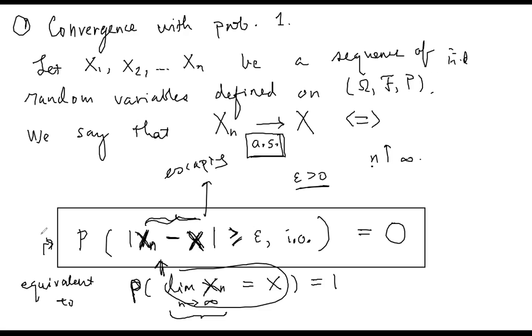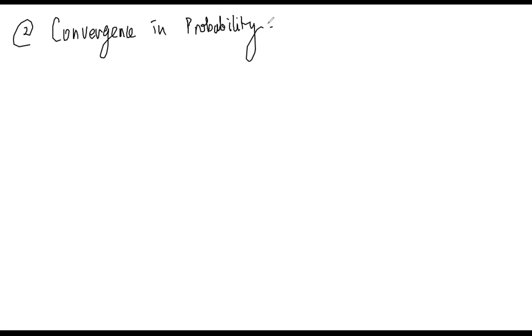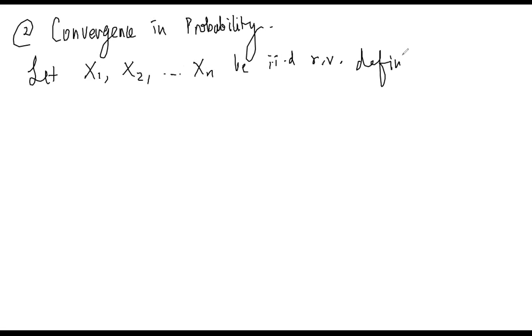And then the next thing we have is convergence in probability. Again, we have IID random variables defined on the probability triple.